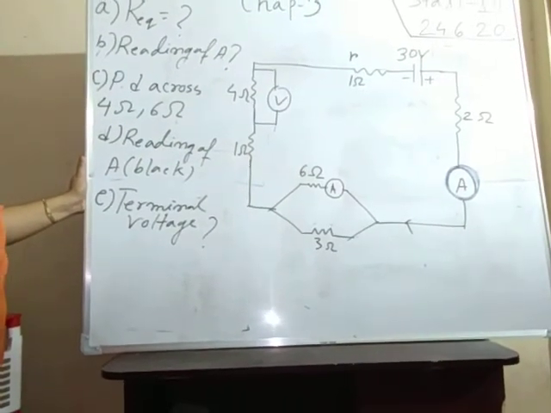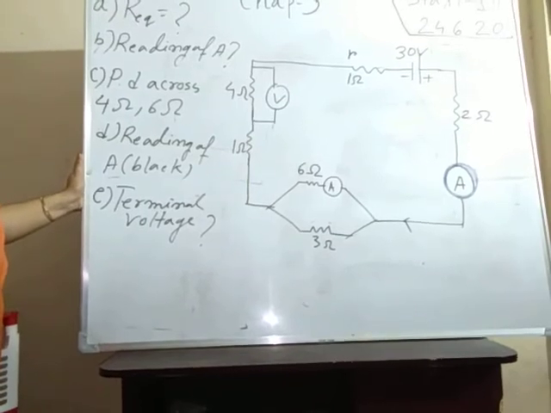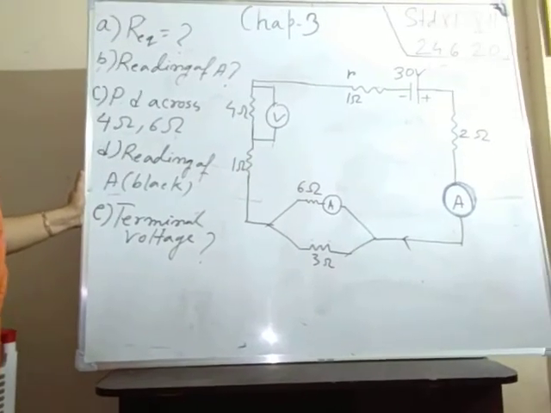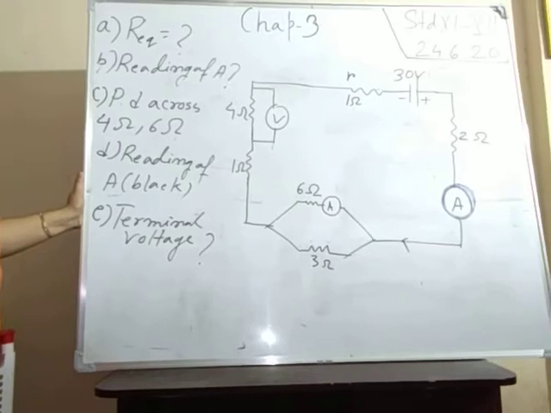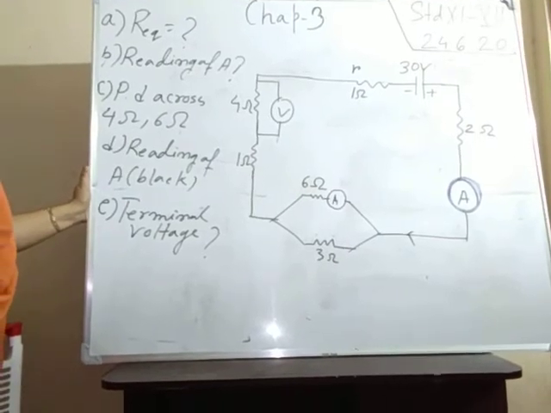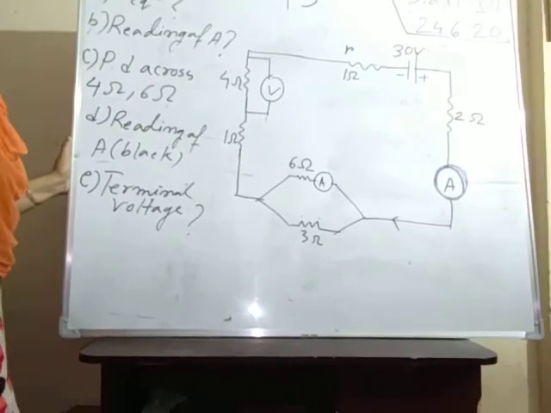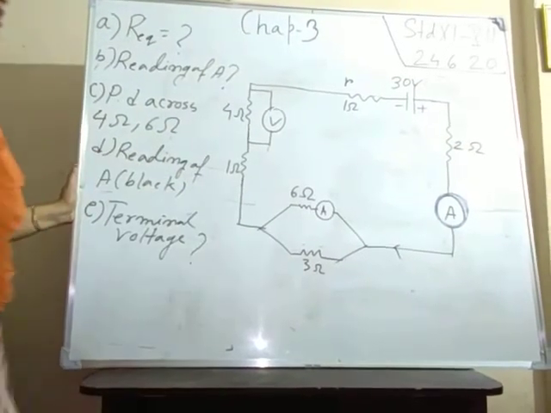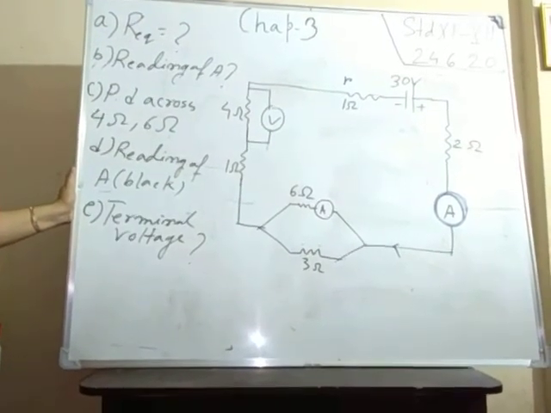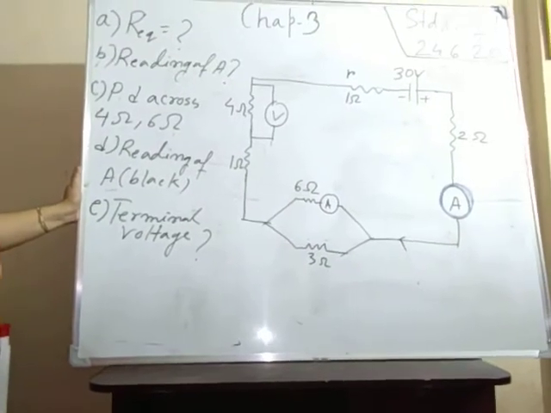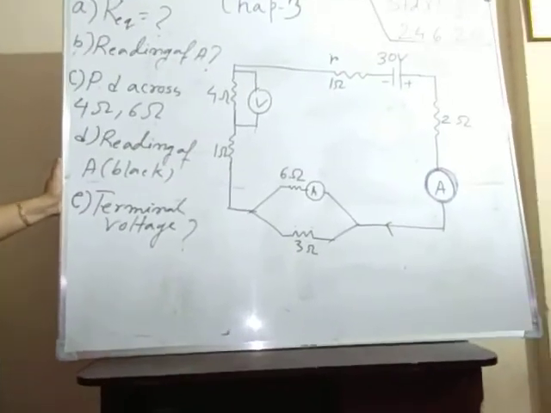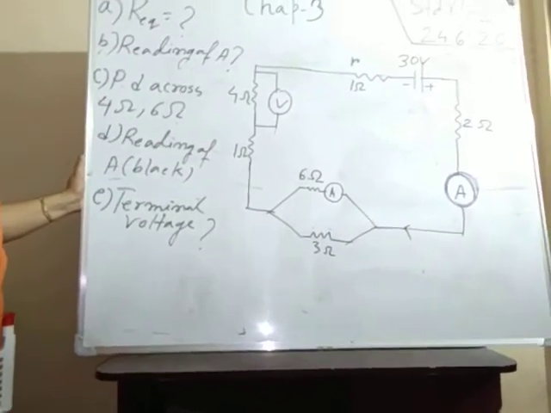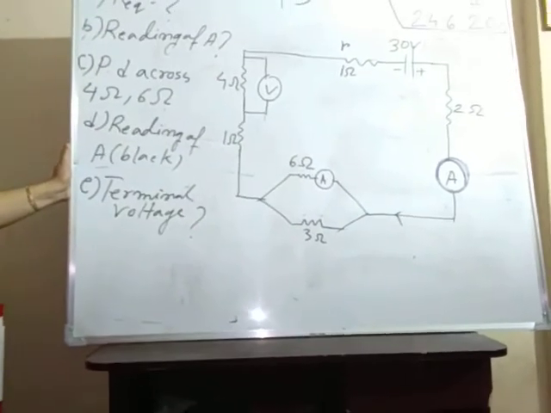If we are able to find out these five things from this circuit, then many things can be clear to you. Now, the equivalent resistance R. At first these two are parallel, so the equivalent resistance of this parallel combination will be what? 1 by 6 plus 1 by 3, that inverse 1, that will be 2 ohm.